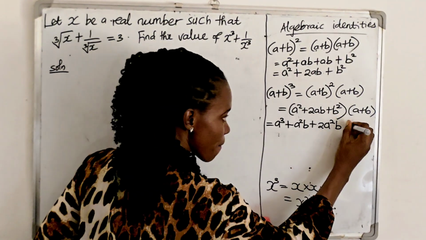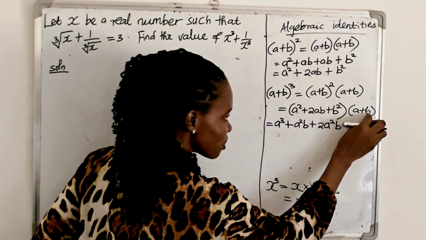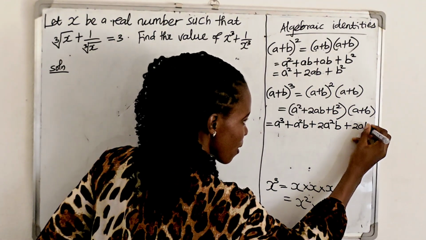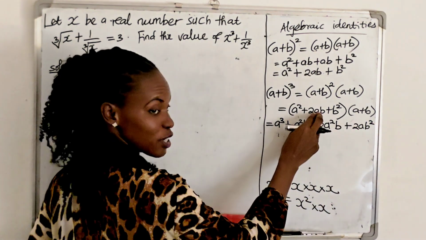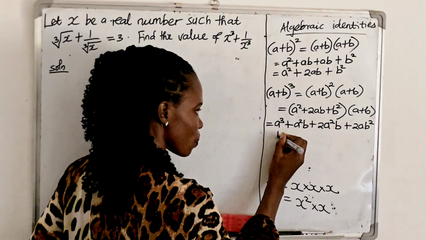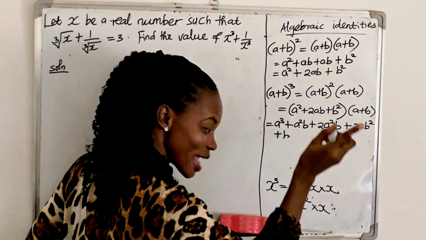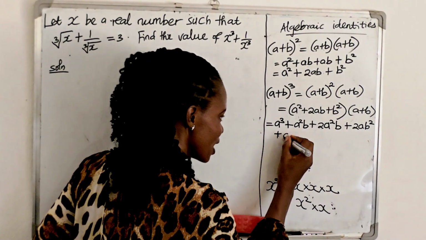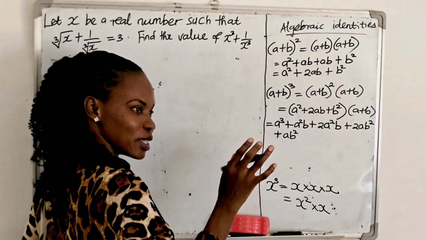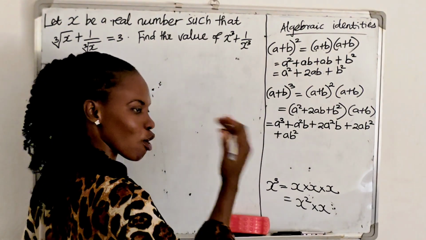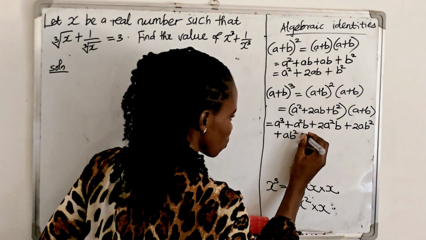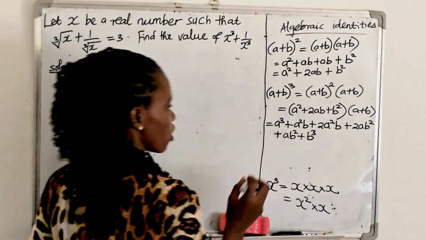Are you getting it? Plus this times this, the b will affect this b, so I'll have 2ab squared. So I'll finish with this and go to this one. B squared times a is the same thing as saying ab squared, in the way we arrange letters of the alphabet, a comes before b. So b squared times b will give me b raised to the power of 3.